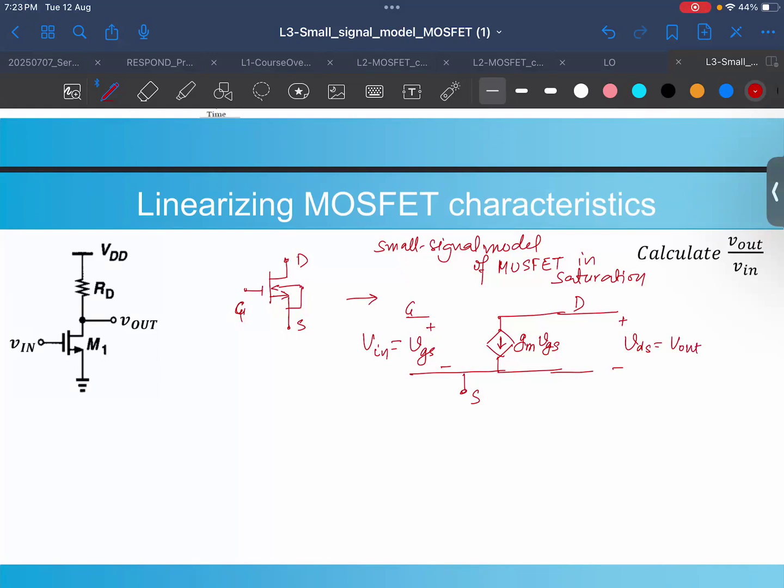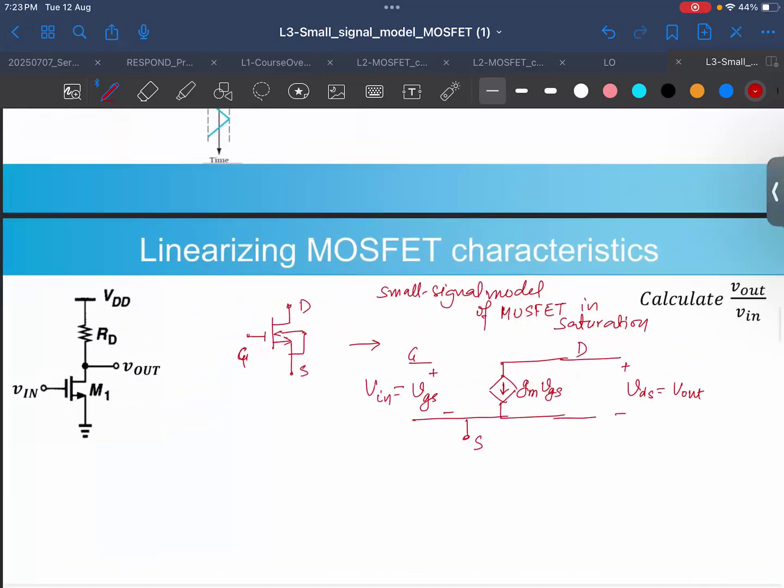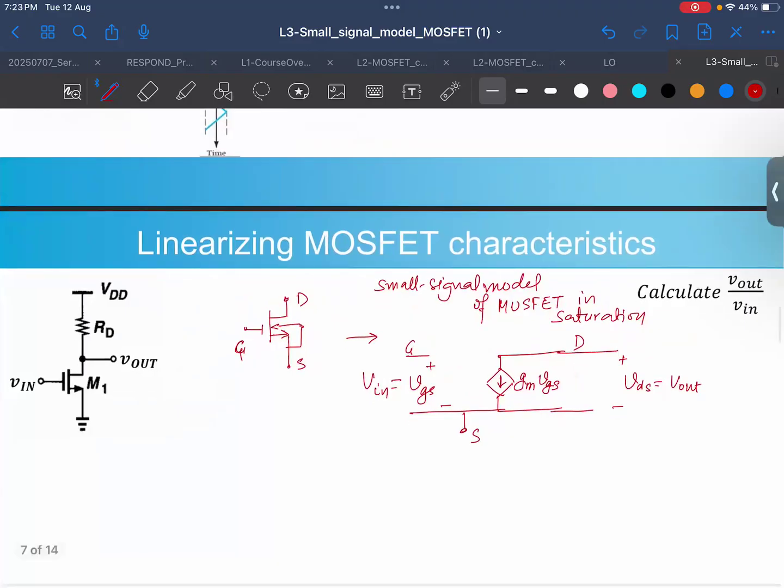Another part we saw is that because of the output conductance GDS, there was another component, which we can represent either as a resistance, where the resistance becomes equal to V out divided by the current flowing into it, or as a current source, GDS times VDS.